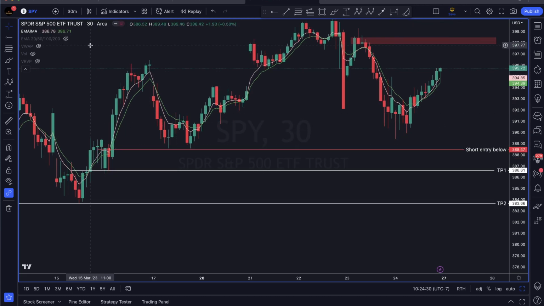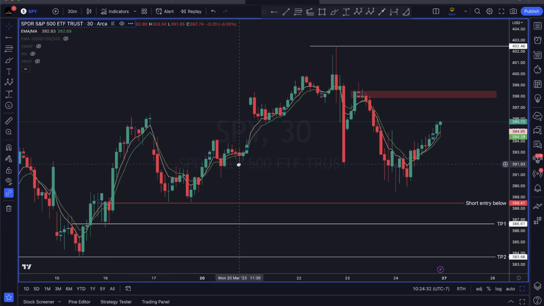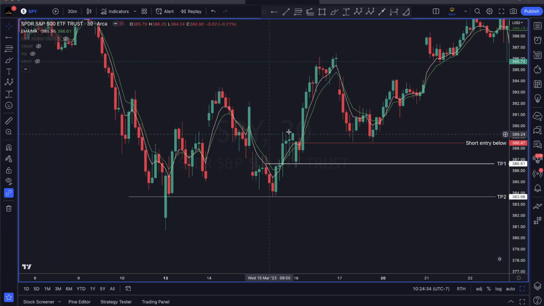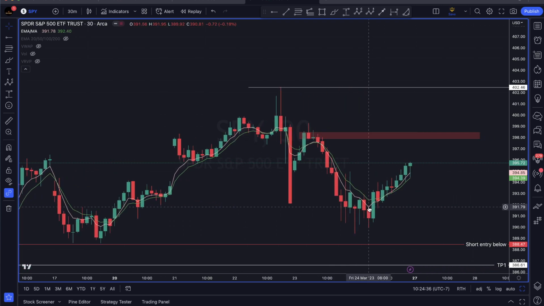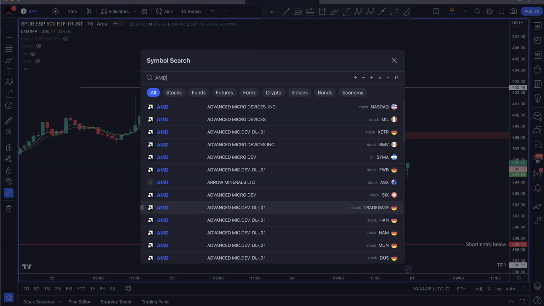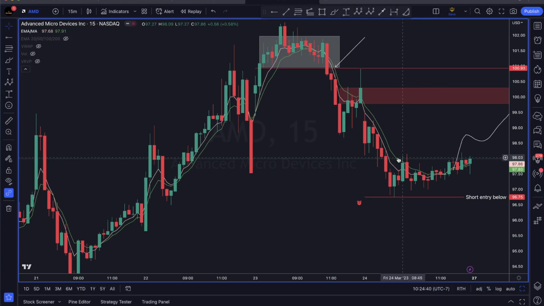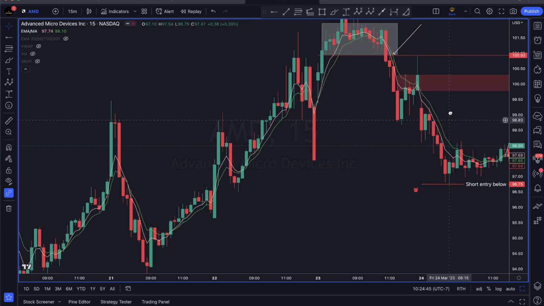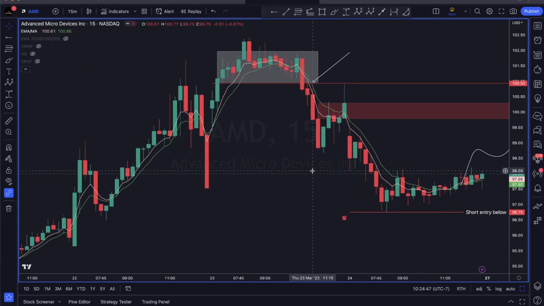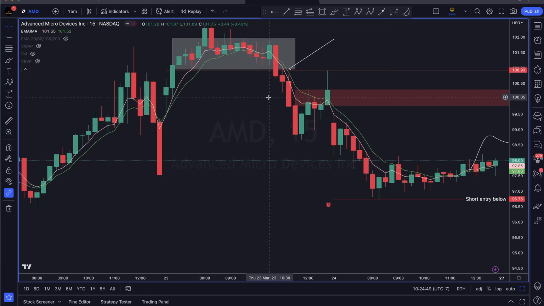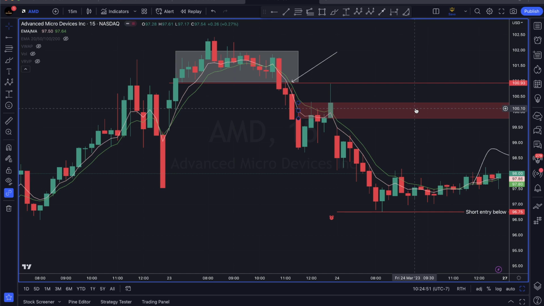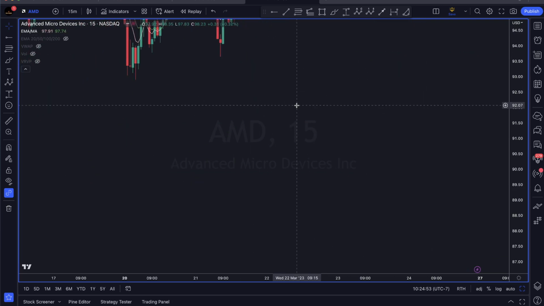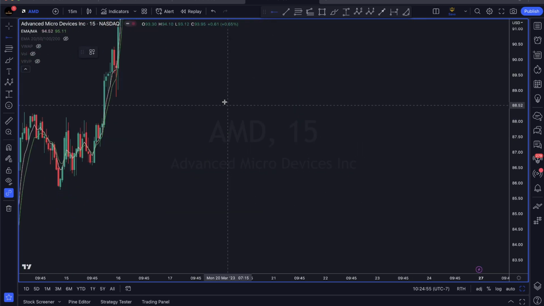So let's say we are trading the support break. I think we only traded AMD the most in the past, so we'll just take an example from this, right? So let's say I have these three levels.